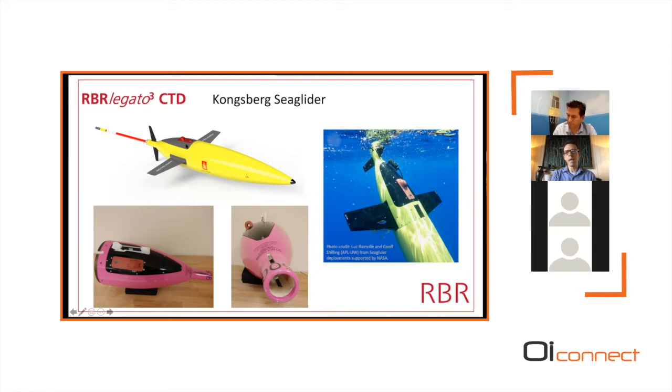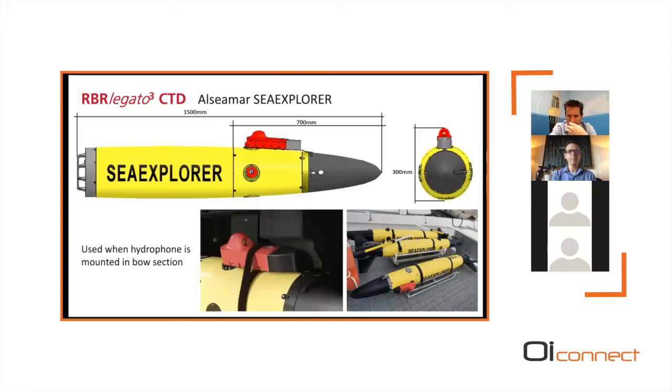Interestingly enough, in this case, with the Sea Glider, it's not just the top curvature, but the longitudinal curvature as well to really meet the shape of the body of the glider. Again, the goal here is to reduce drag and just maximize the performance efficiency of the glider.